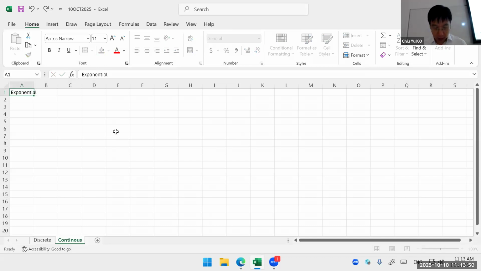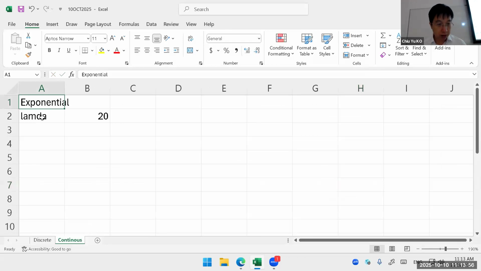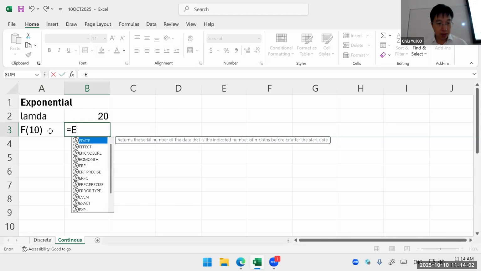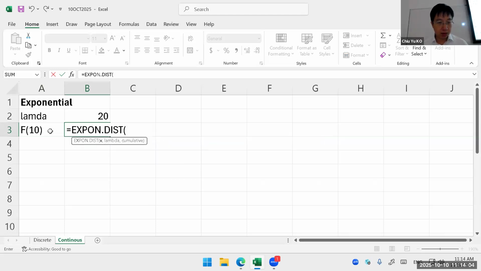Exponential, lambda is 20, and F of 10 will be this.